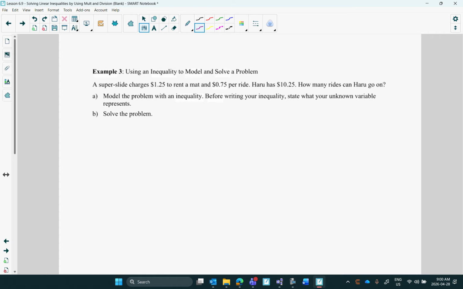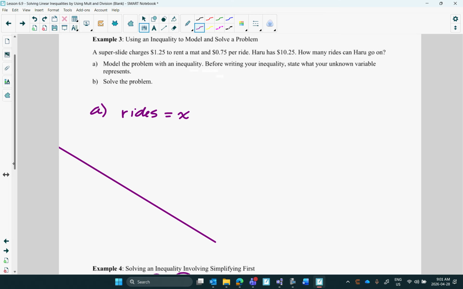Okay, we want to do an inequality. What's the unknown? How many rides? Okay, so rides, we'll call it x. So now I'm going to make an inequality.